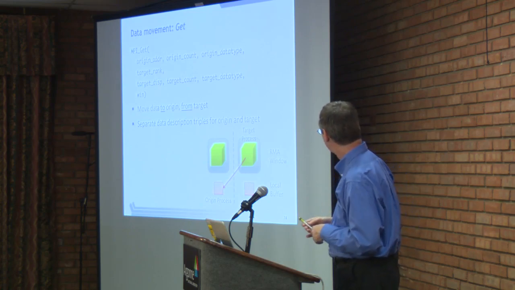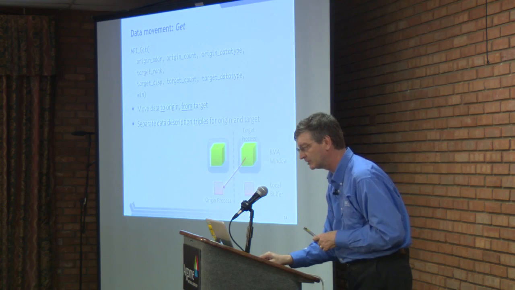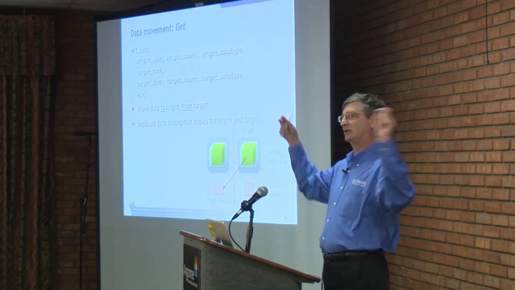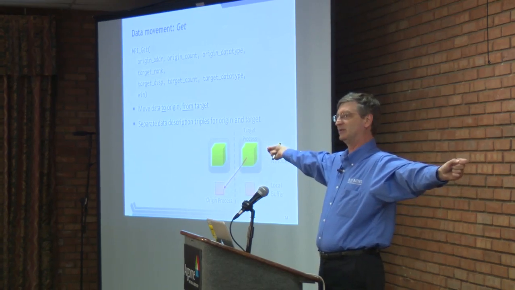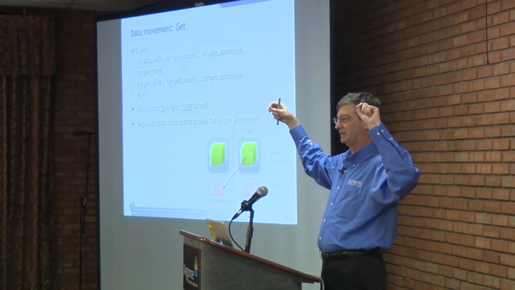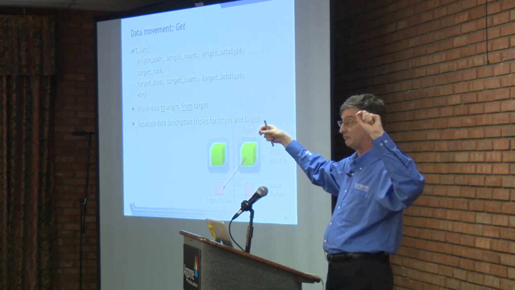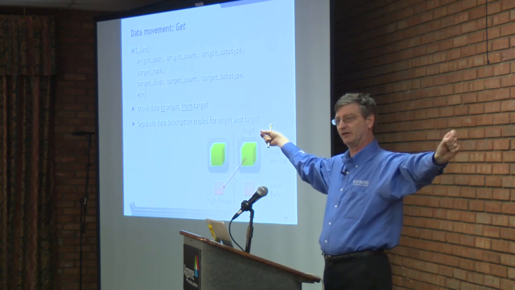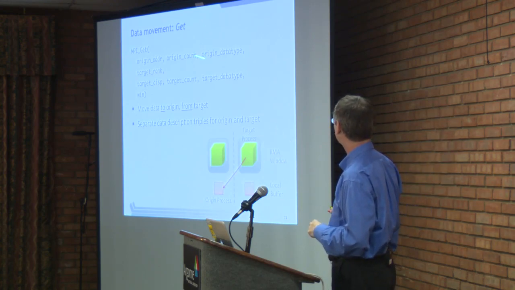Okay, so that's what this does. And then just as in a send-receive pair, the type maps don't have to be the same. So I can have contiguous on one side and vector on the other side. The same is true here.